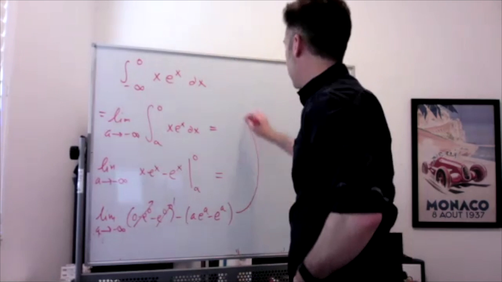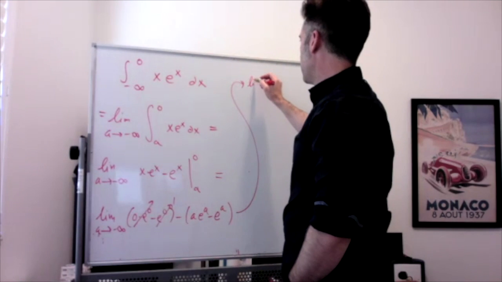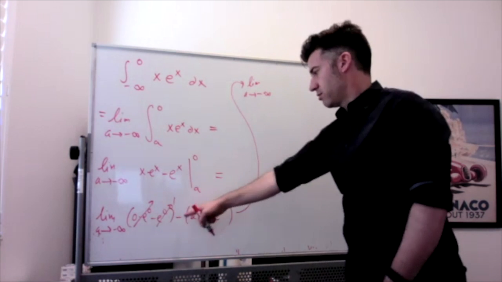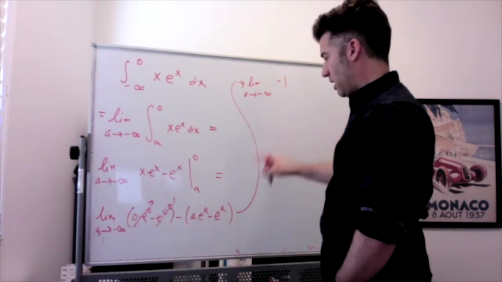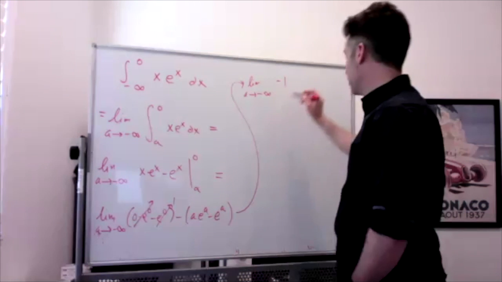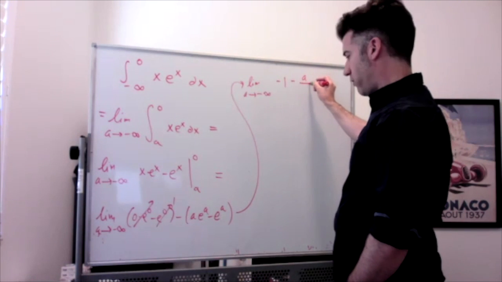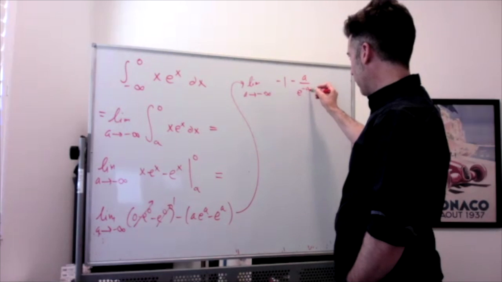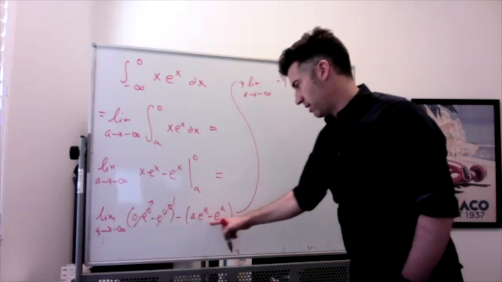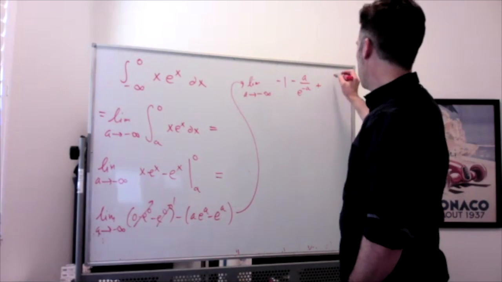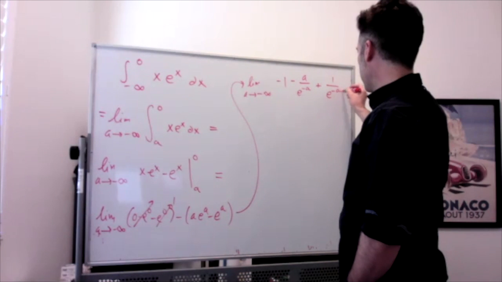We have the limit as a goes to minus infinity of negative 1. And I'm going to rewrite these parts. I'm going to write this as minus a over e to the negative a, and minus minus is plus 1 over e to the negative a.